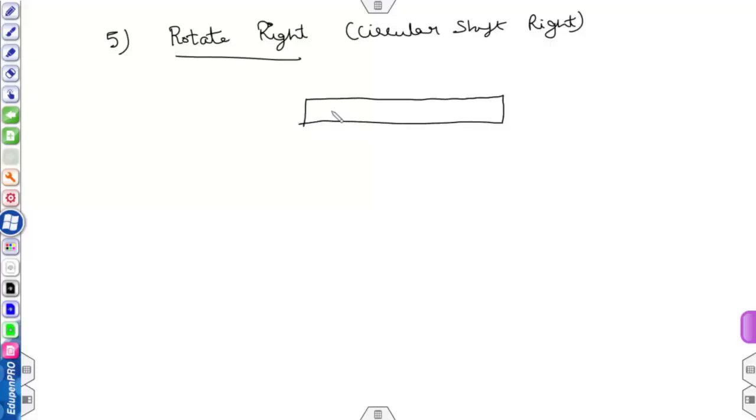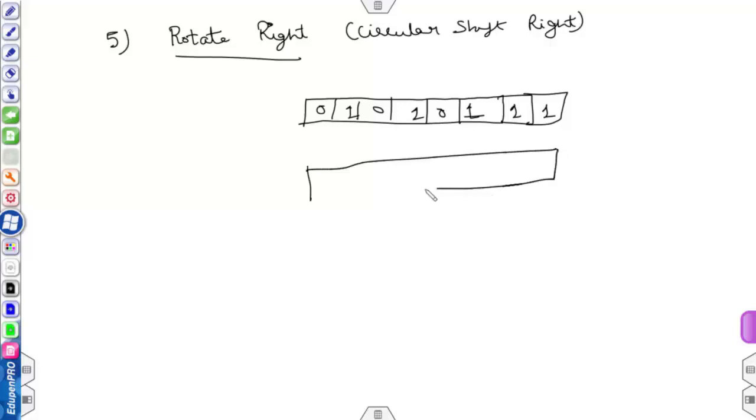I will take one example to elaborate what the rotate right operation is. It works in a similar manner to the right shift operation. The only difference is between the first and last bit.